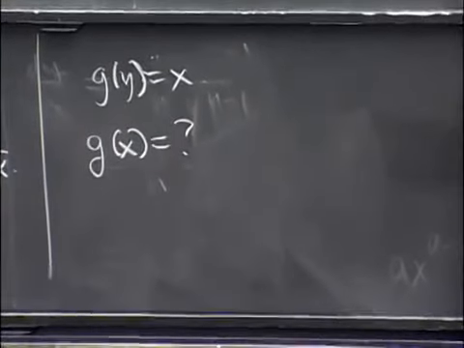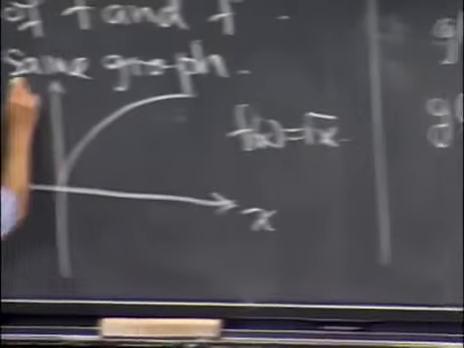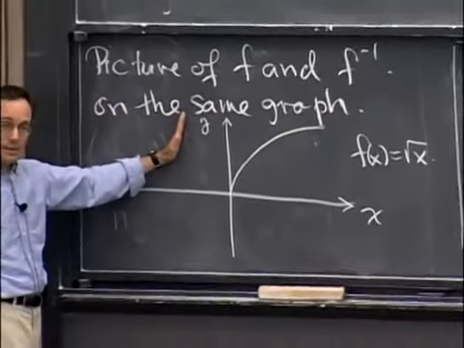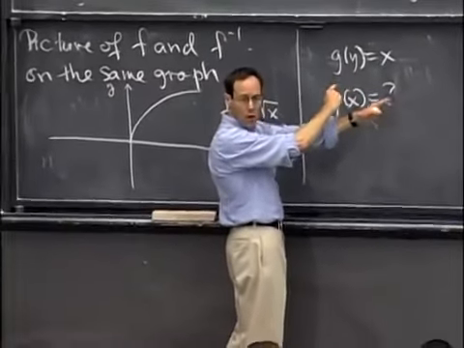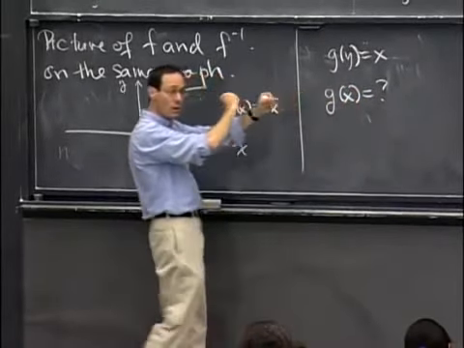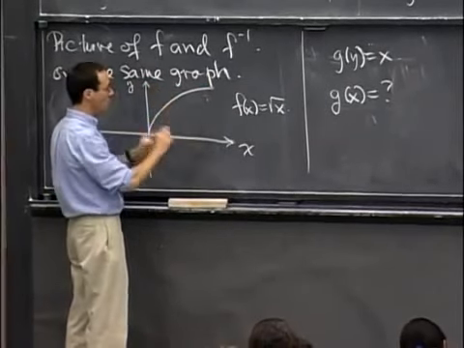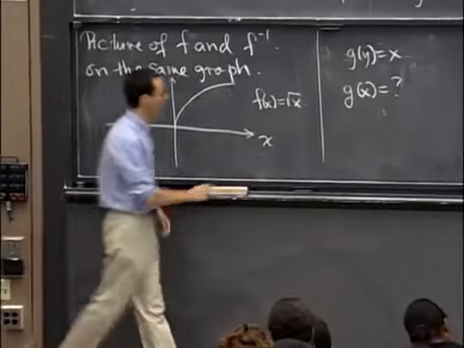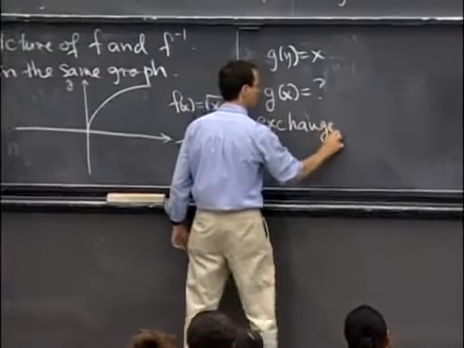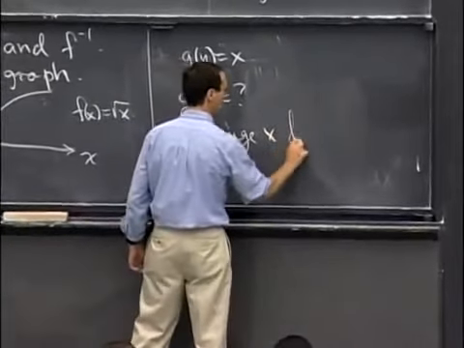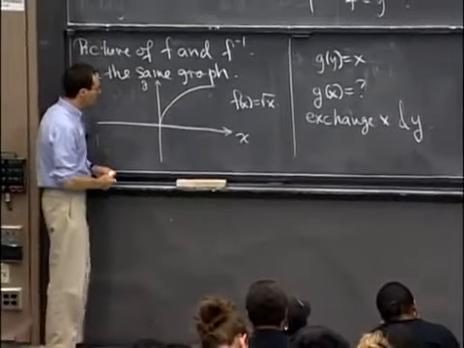But suppose now that we wanted to write down what g of x is. In other words, we wanted to switch the variables, so draw them, as I said, on the same graph with the same x and the same y axes. Then that would be, in effect, trading the roles of x and y. We have to rename every point on the graph, which is the ordered pair x, y, and trade it for the opposite one. So exchange x and y. And when you do that, graphically, what that looks like is the following.